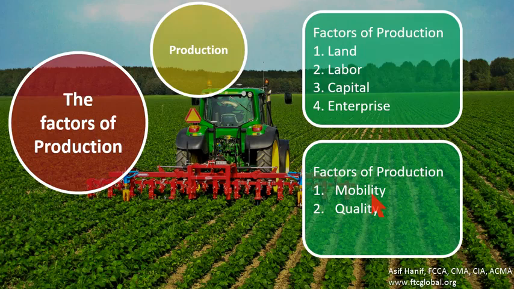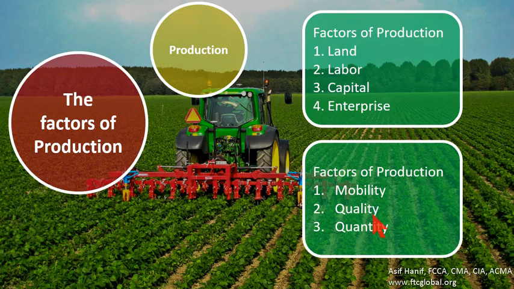Quality. The quality of your factors of production depends upon training. Quality and quantity of your factors of production, these two combined, they depend upon the discovery of some new natural resources. The quantity of your land will go up. Training of labor, the quality of your labor goes up.